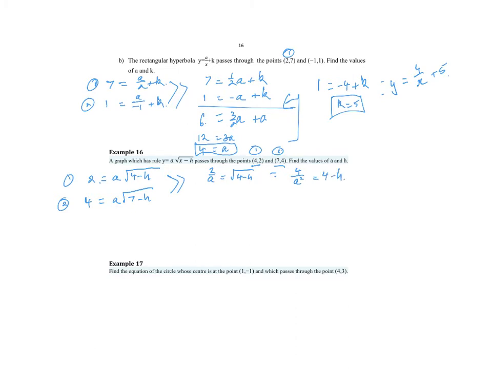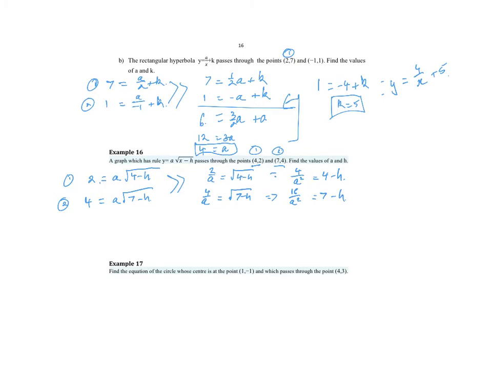If I square both sides, do the same thing, I'll get 4 over a is equal to the square root of 2 minus h. If I square both sides, I'll get 16 over a squared is equal to 2 minus h. So we've got some h's there. If we subtract one from the other, we can eliminate. Quite possibly this could be a tech active one. So let's have a look.